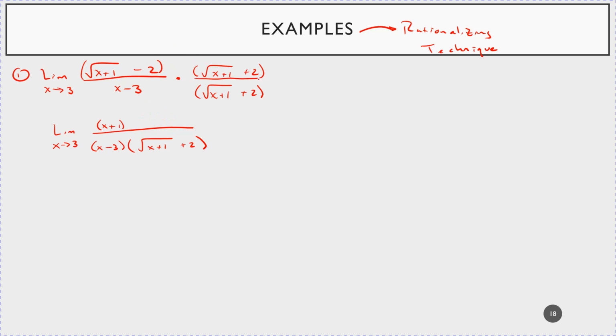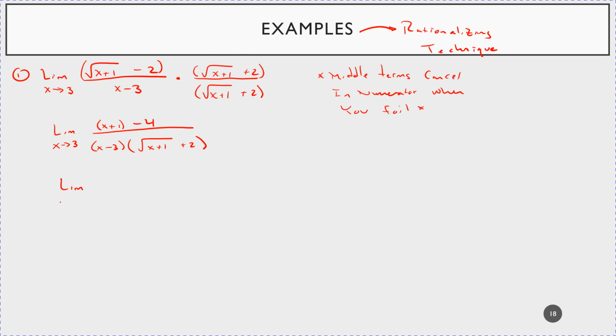So the middle terms cancel out. Okay, so that's awesome, right? That was a property we learned when you multiply conjugates. And then you get minus 2 times plus 2, you get minus 4.